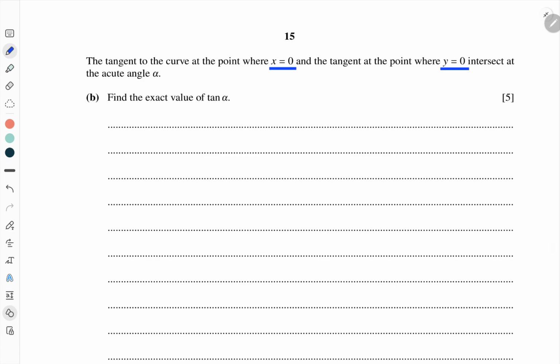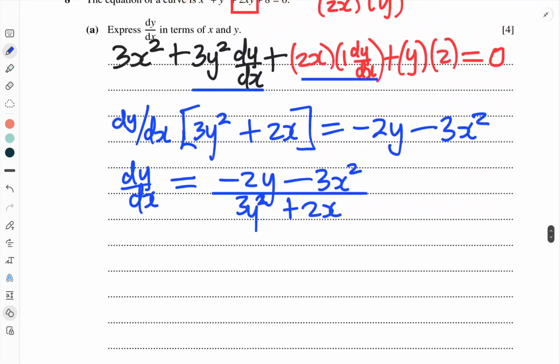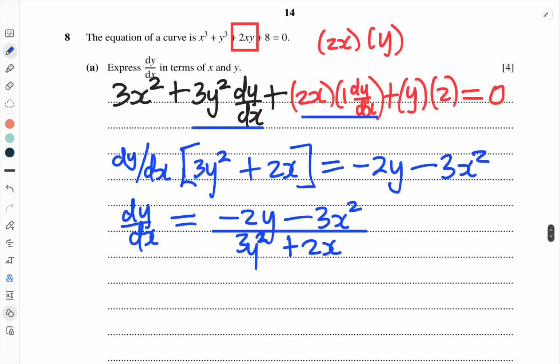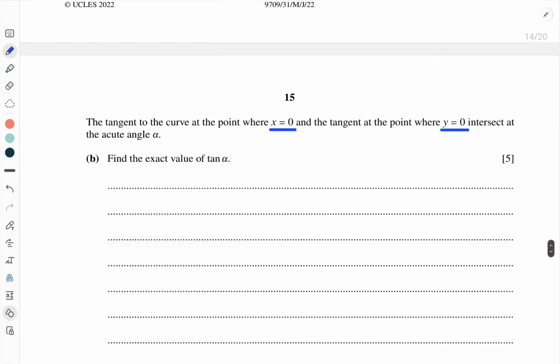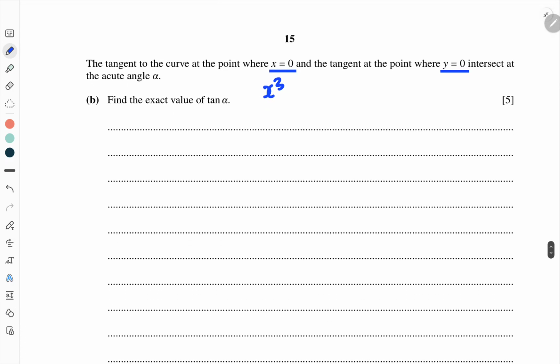So we go back and get our equation, x cubed plus y cubed plus 2xy plus 8, and this is equal to 0.